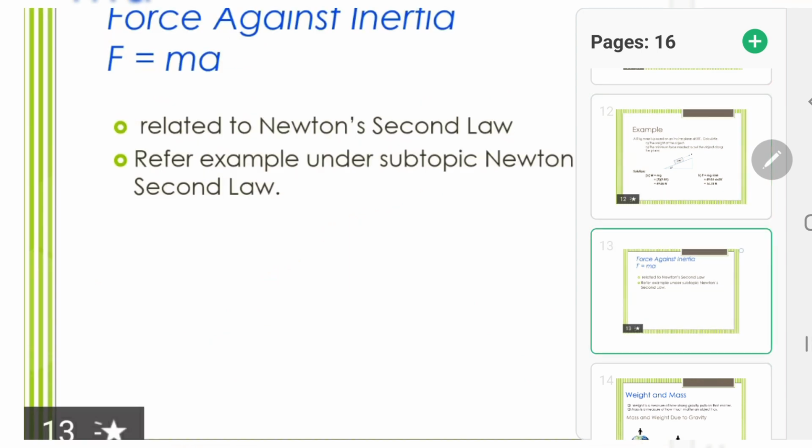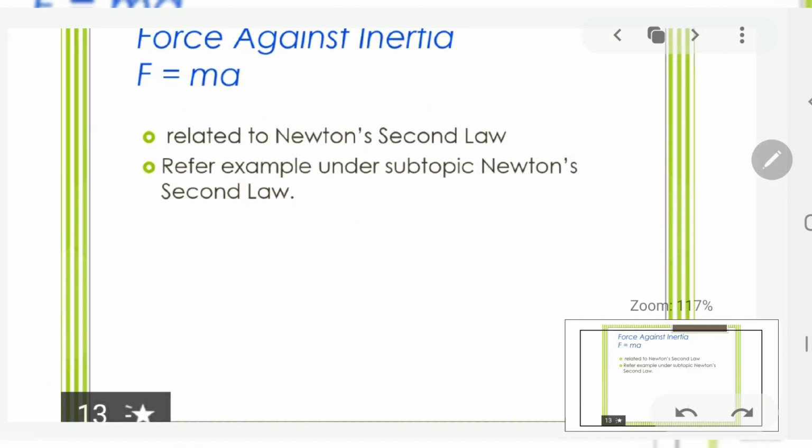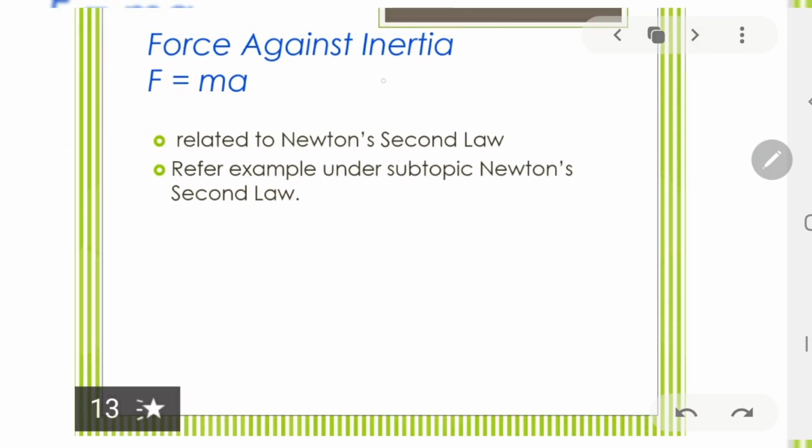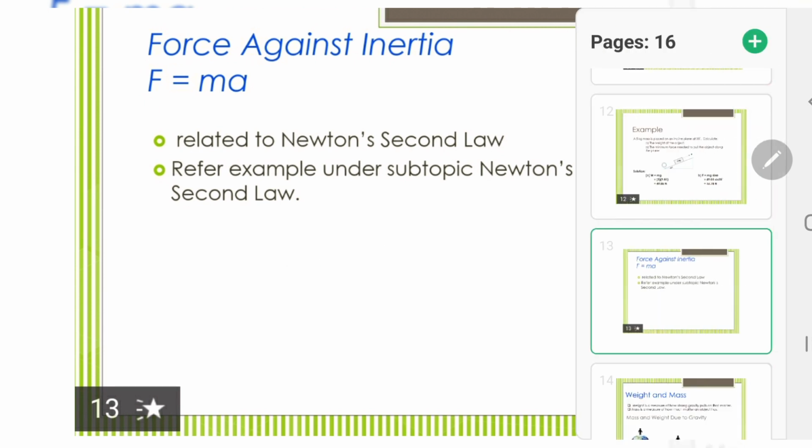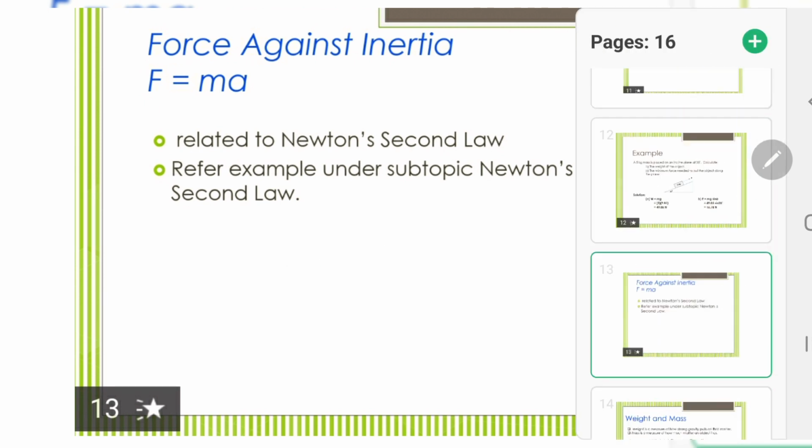Alright class, we move into the next slide. The third situation that involving the third formula, force equal to ma, force against inertia. It is actually related to Newton's second law. So for this situation, we refer to example on the subtopic of Newton's second law. We already discussed it in previous slide.